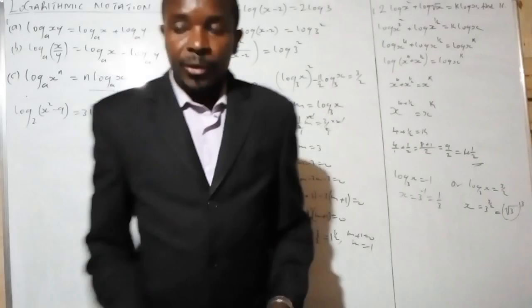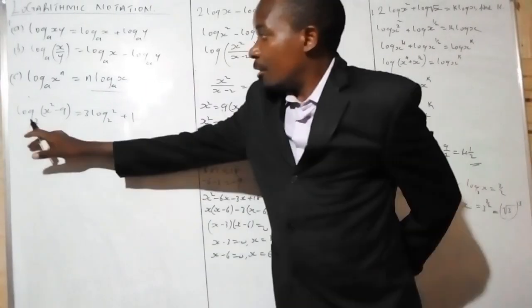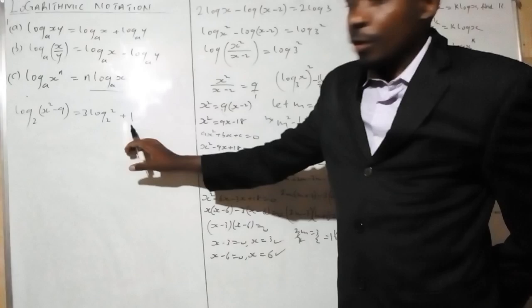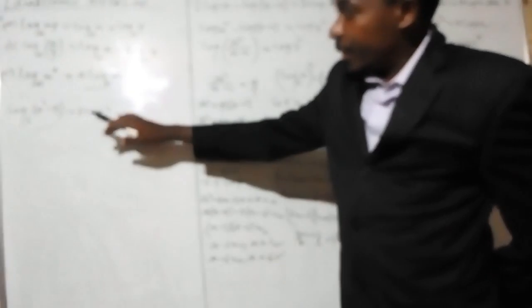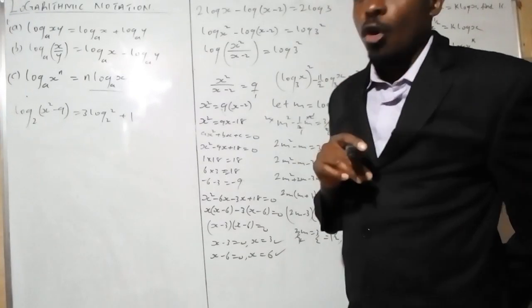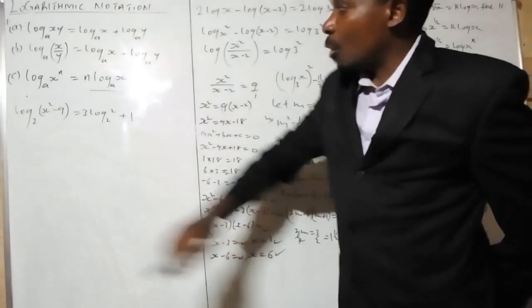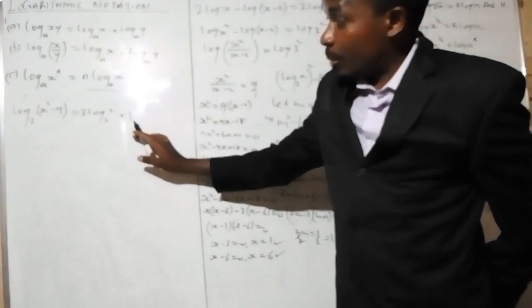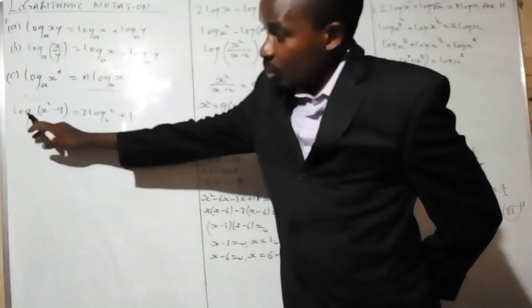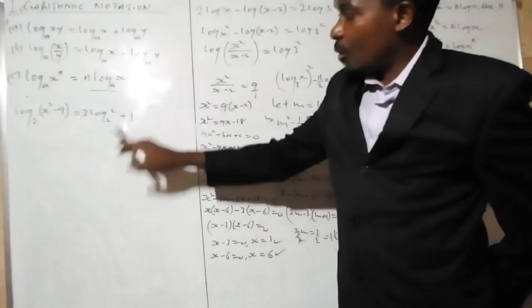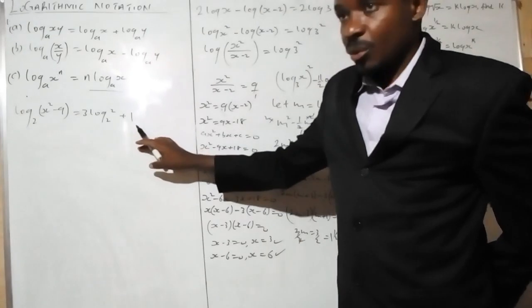We have log here and log here, but on this side we don't have log, so you cannot proceed in this way. In the way this question is, you are supposed to have log uniform log. What is guiding us is the log to base 2. Here we are also supposed to have log to base 2, plus something equal to this one.